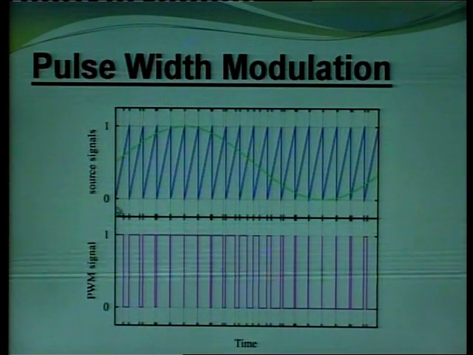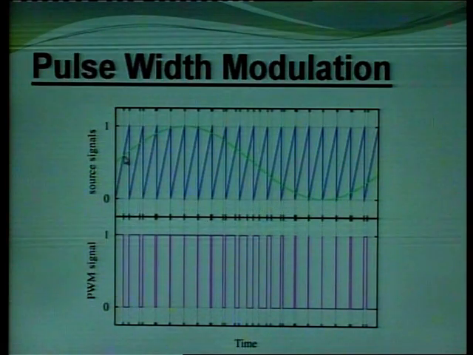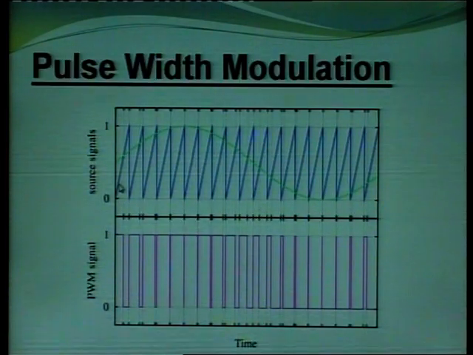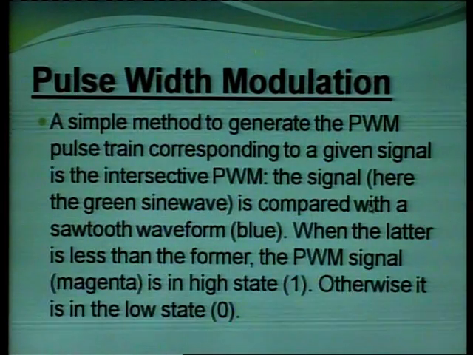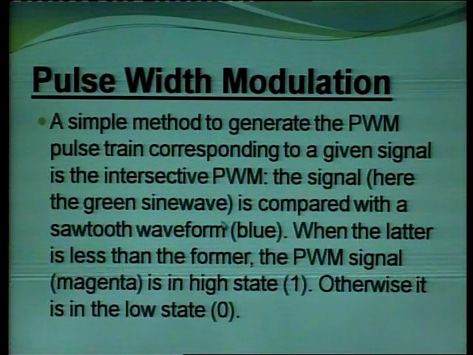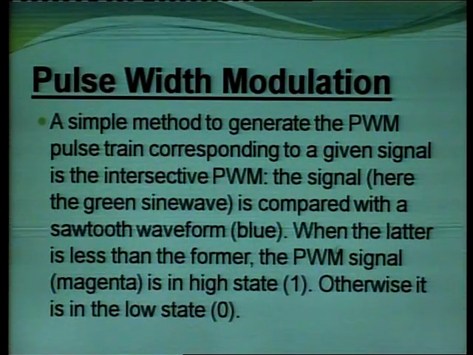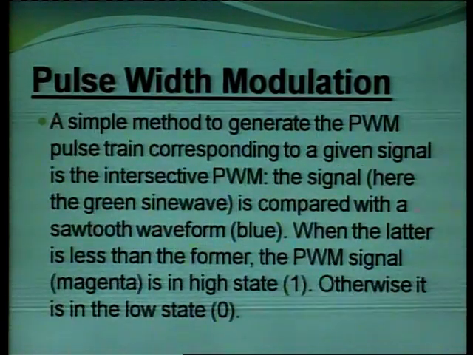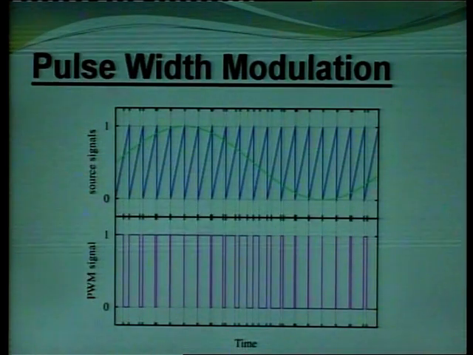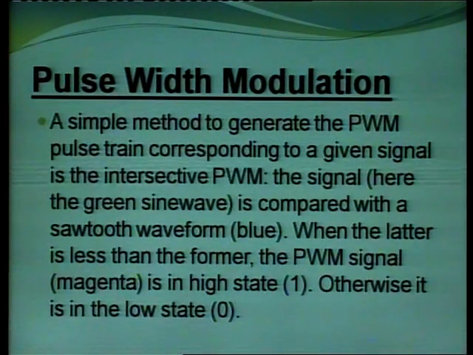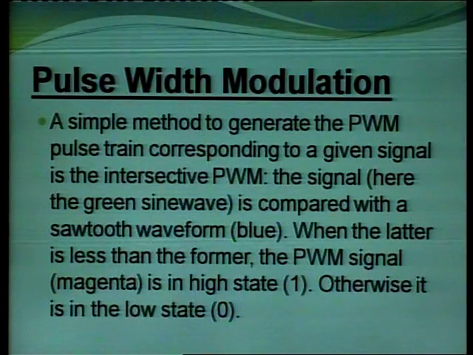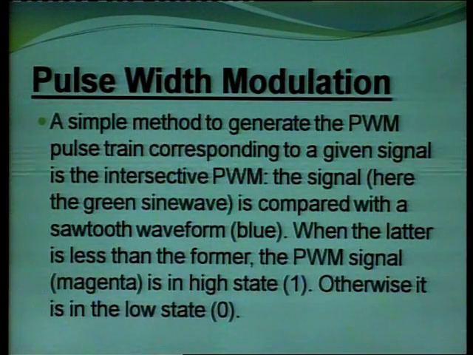So whenever the green signal is less than the blue signal, we get the PWM signal. The width of pulses varies. When the latter is less than the former, the PWM signal is in high state, otherwise it is in low state.